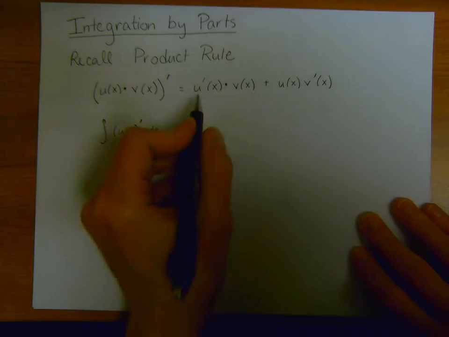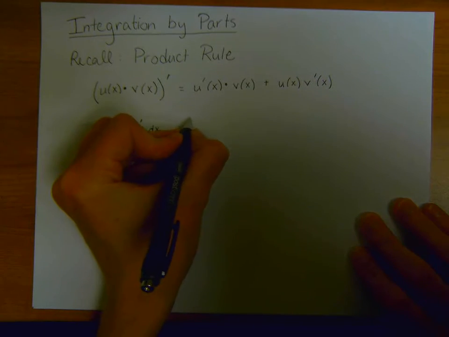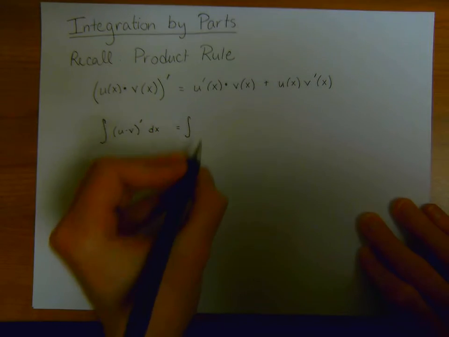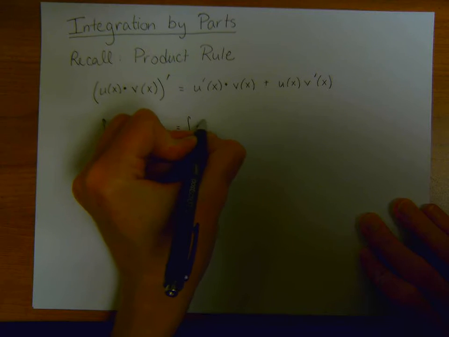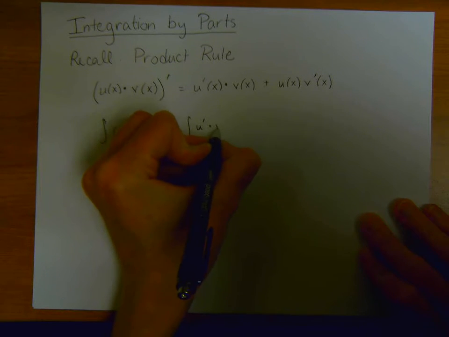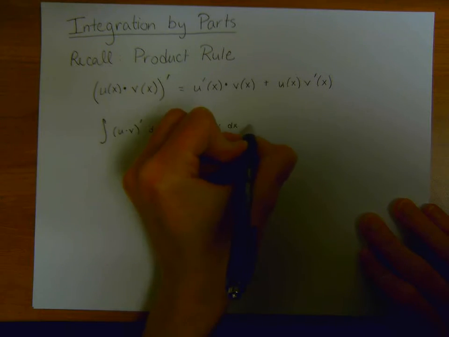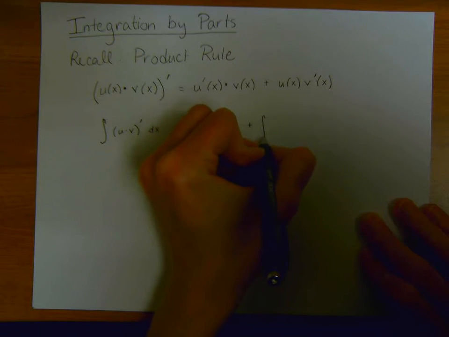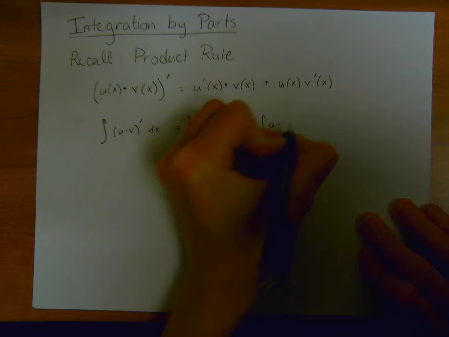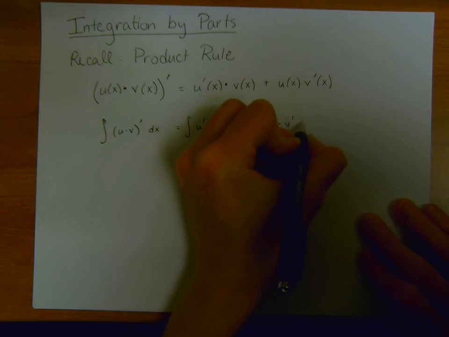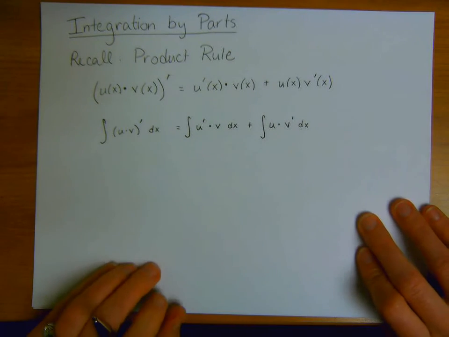And I'm also going to integrate the right side term by term. So this is the integral of u prime times v dx plus the integral of u times v prime dx.